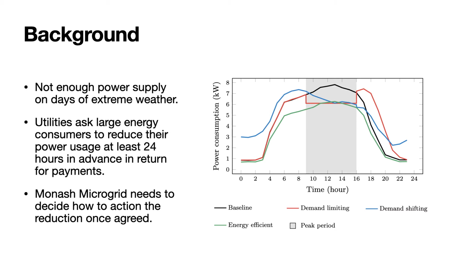The picture on the right shows the power consumption of a building over a typical day. The black line is the normal power consumption of the building. The red line shows what happens if there is not enough power during the peak period. Some appliances will be abruptly cut off. We want to avoid this situation. We study a way to achieve the blue line.